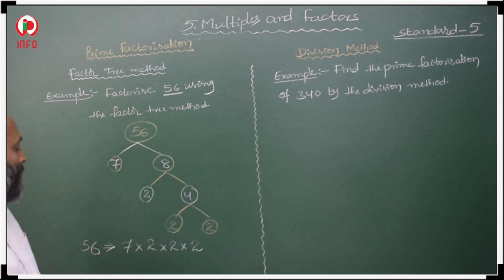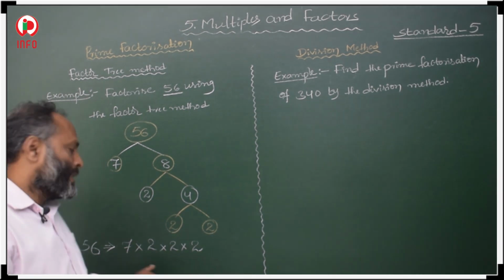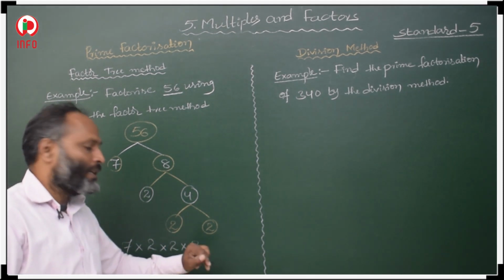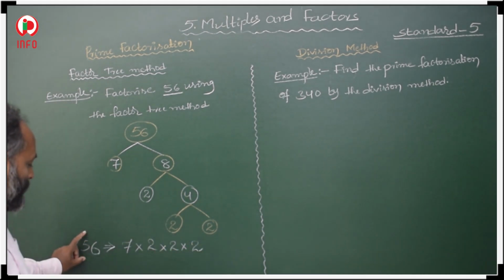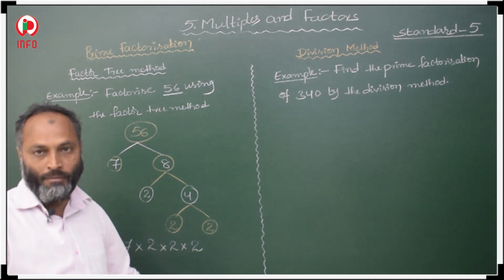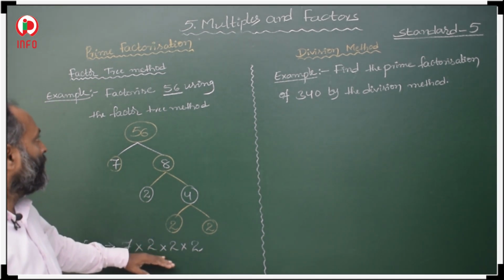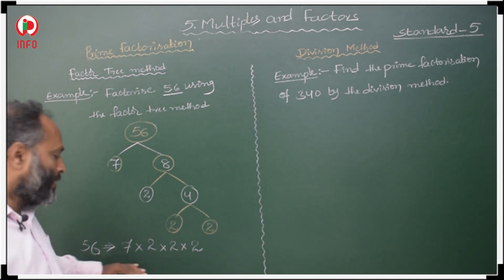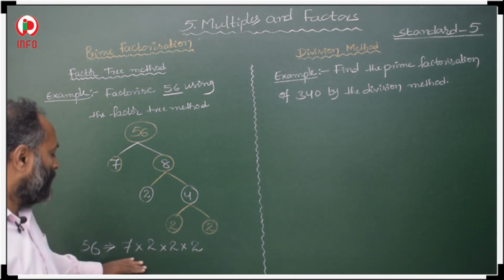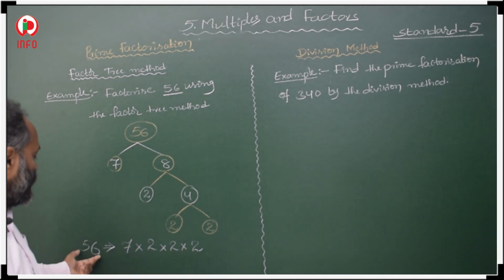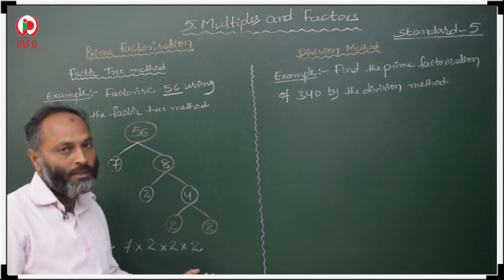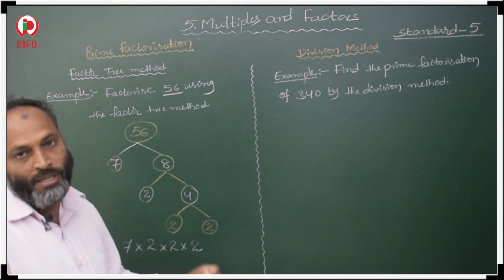All these numbers are prime numbers: 7, 2, 2, 2. So we are converting 56 into a product of prime numbers. This is called the prime factorization method.